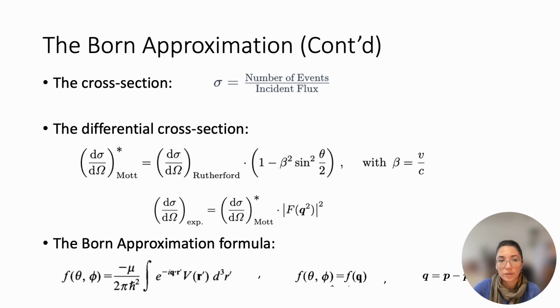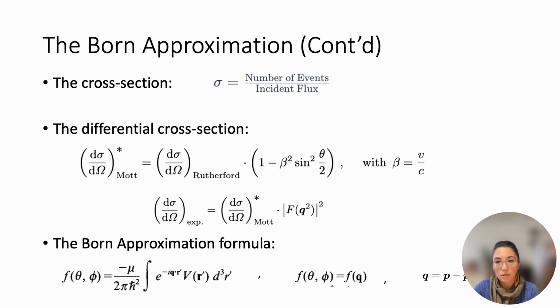And so in scattering experiments, the cross-section is a fundamental quantity that provides a measure of the likelihood or probability of a particular type of interaction occurring between particles as they scatter off one another. So it describes the ratio of the number of events over the incident flux.